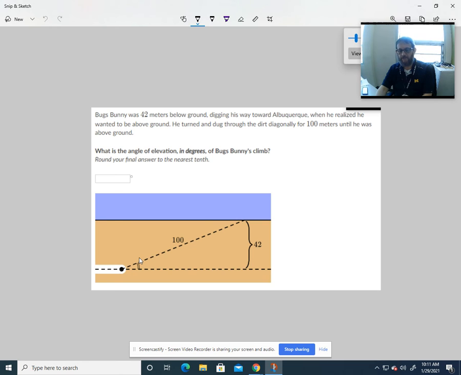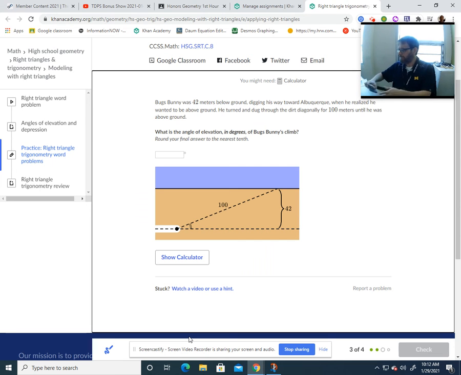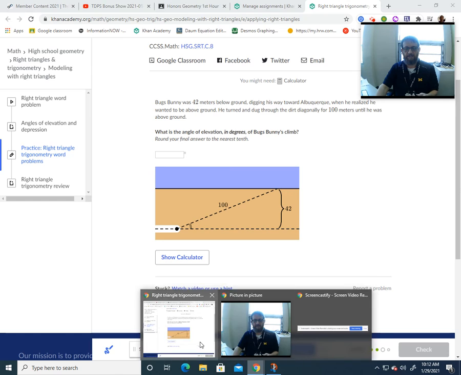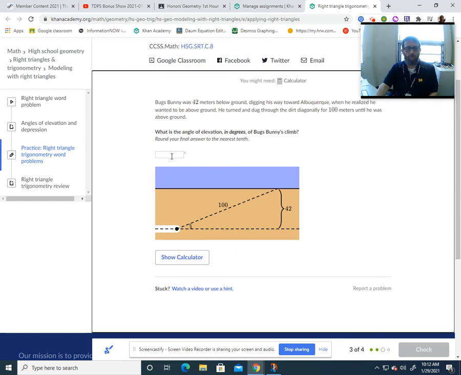So basically you're saying the sine inverse of 42 over 100. Again, 42 over 100 is just 0.42, and then sine inverse. I get 24.83. It wants it to the nearest tenth, so I got 24.8.